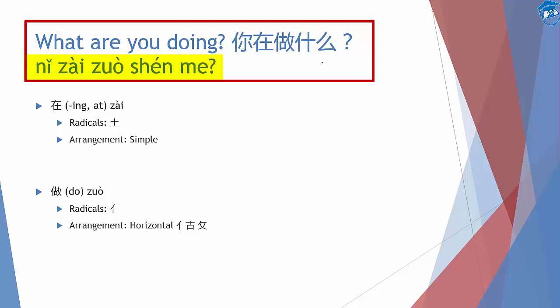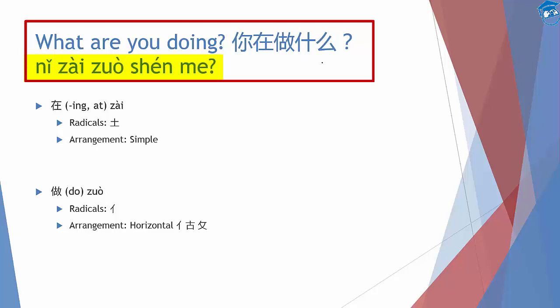We stick to the original tones, because we naturally know the person is asking a question from the question word. We don't need extra pitch to know another person is asking a question. Alright? 你在做什么? People will answer you, 我在, followed by an action.